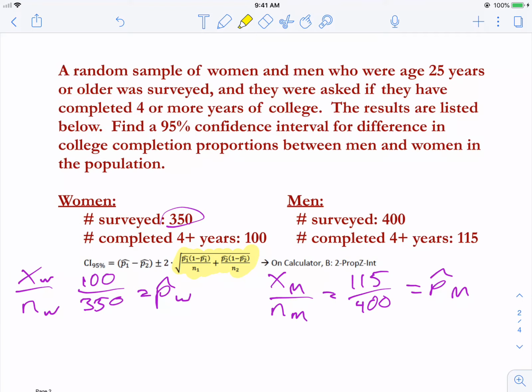You can see that you have a p-hat 1 and a p-hat 2, multiplying by its complement, dividing by its sample size, and then you're adding those together, taking the square root to get you that step size that you're going to the left and the right of the center of the curve. And for a 95% confidence interval, we're doing two of them. The center of that curve is the difference.